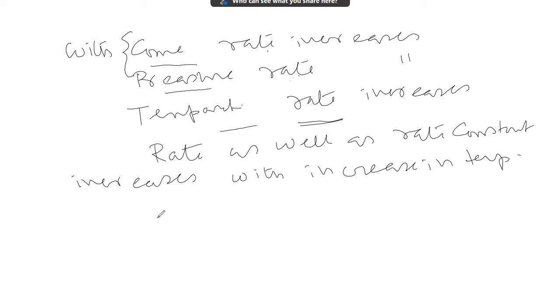There is one more interesting factor, that is the case of catalyst. Suppose this is the energy of the reactant, this is the product, this is the uncatalyzed process. In case of catalyst, what happens? Catalyst cannot change the energy of the reactant and product. Catalyst provides an alternative path that decreases the threshold energy.